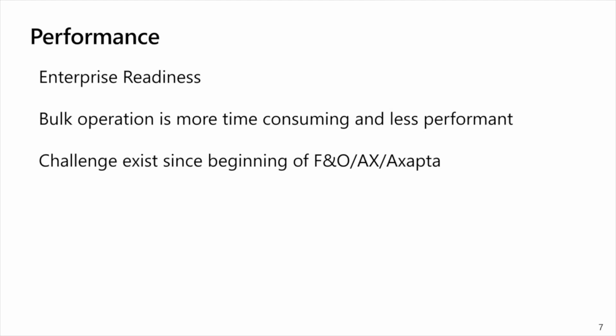We will talk about what issues we see: it takes a lot of time, consumes a lot of database utilization, and doesn't give the required performance and throughput. As far as we know, this challenge existed since the beginning of FNO, AX, or Axapta. From almost day one, if we had a continuous number sequence, we saw performance challenges at the back end. So we hope we'll solve all these challenges with this feature.